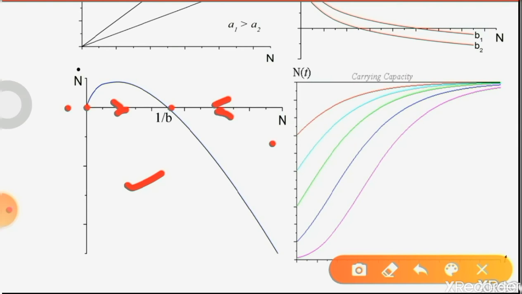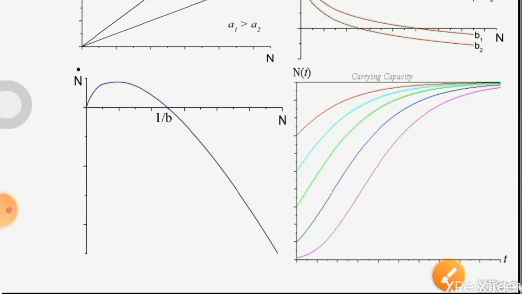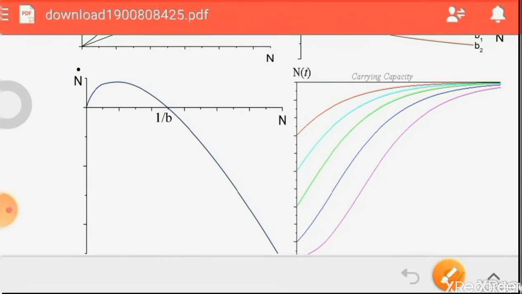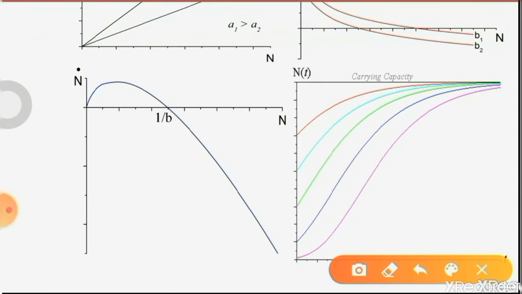So, if we start at a point here, the number of cells will increase with time, because in between these two fixed points, n dot has a positive value.